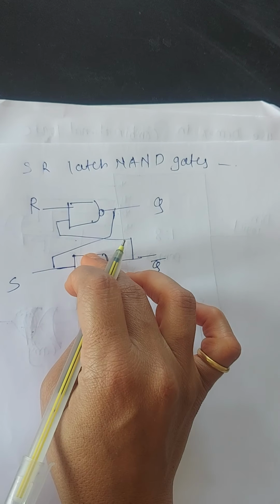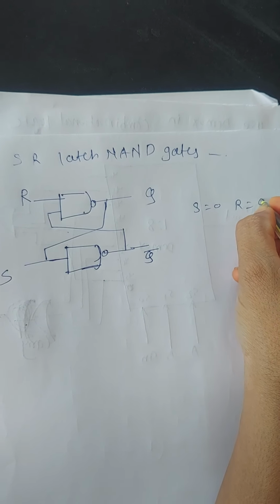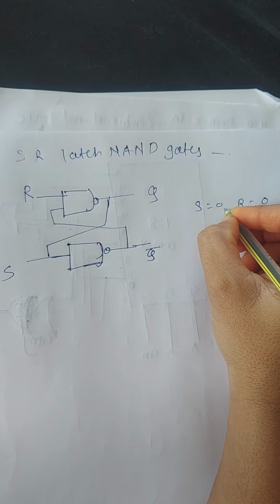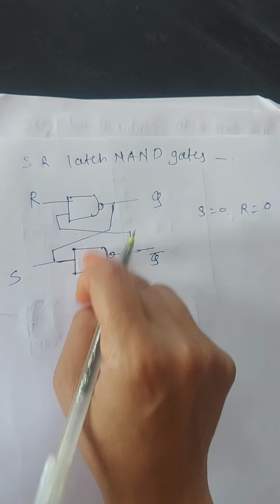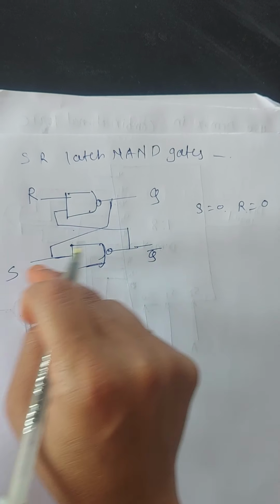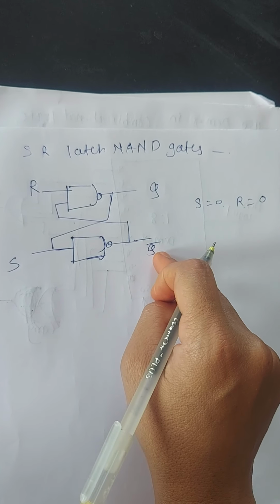In this SR latch, first consider S equal to 0, R equal to 0. From the truth table of a NAND gate, when any one input of the NAND gate becomes 0, the output is forced to be 1.